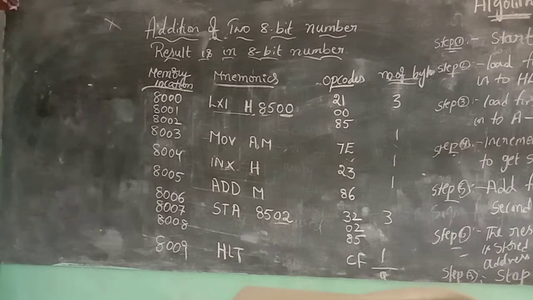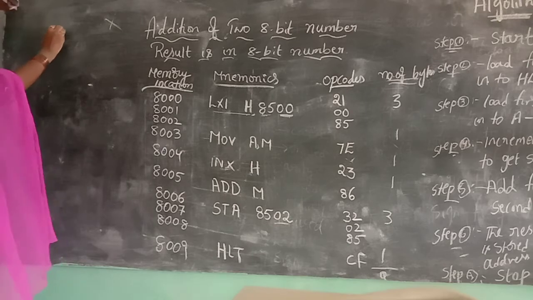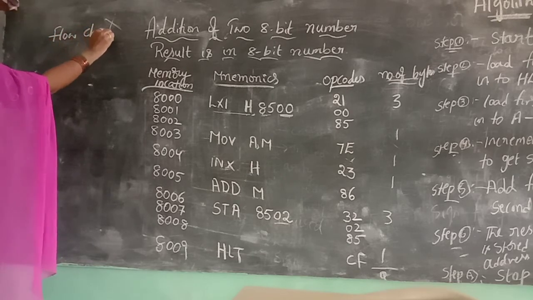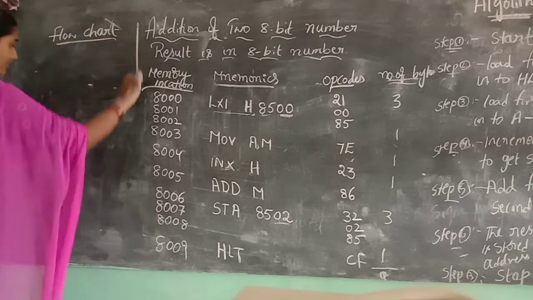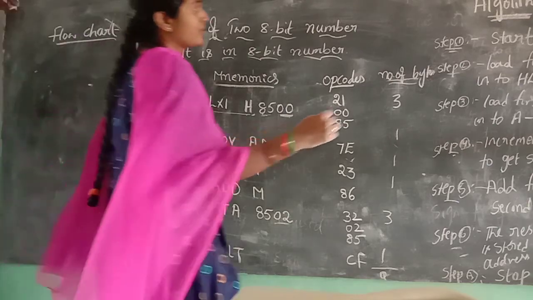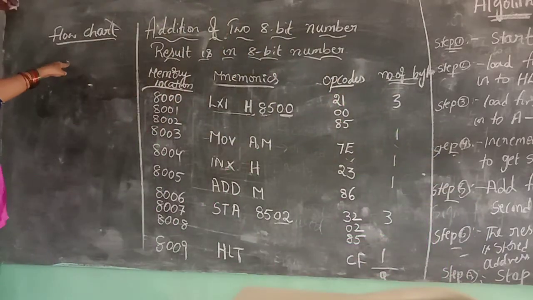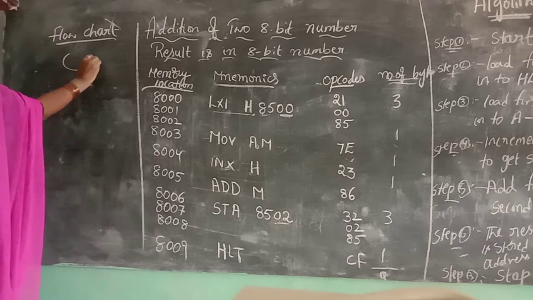For this program, you write the flowchart. This is the algorithm and flowchart of the program. Based on the algorithm, we draw the flowchart. The first step is start.